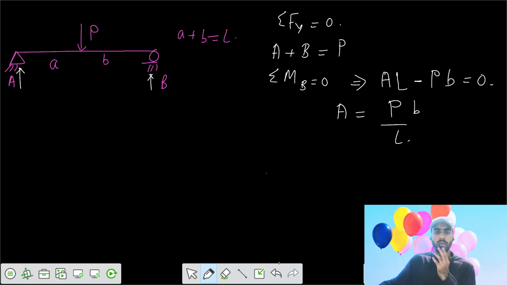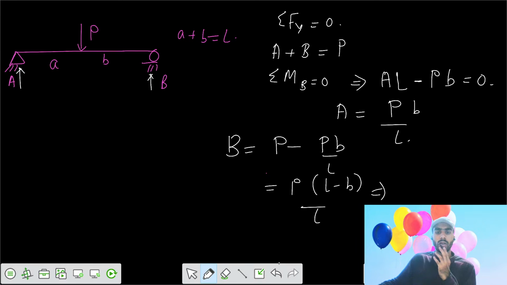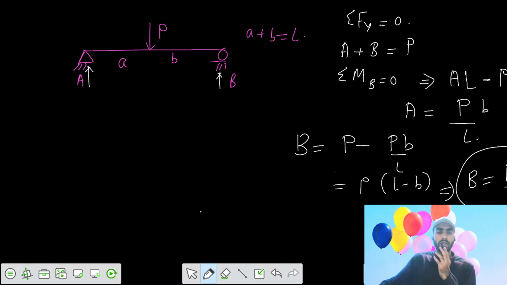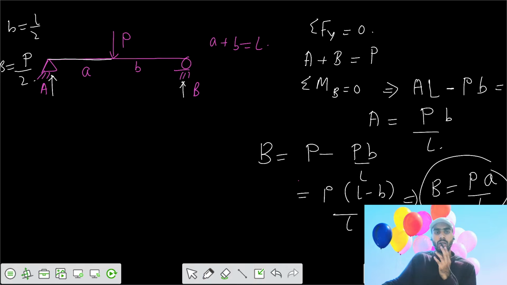So what is the reaction at B? We can say P minus PB upon L, that equals P times (L minus B) upon L. So your reaction at B equals to PA by L. Suppose A and B are equal, say A equals B equals L by 2, we can get both reactions A and B equal to P by 2 from the equation.